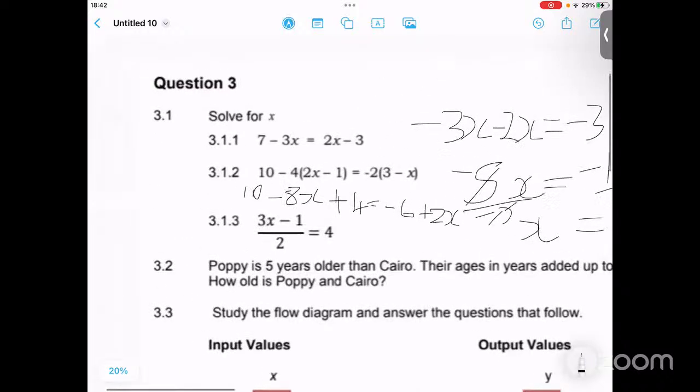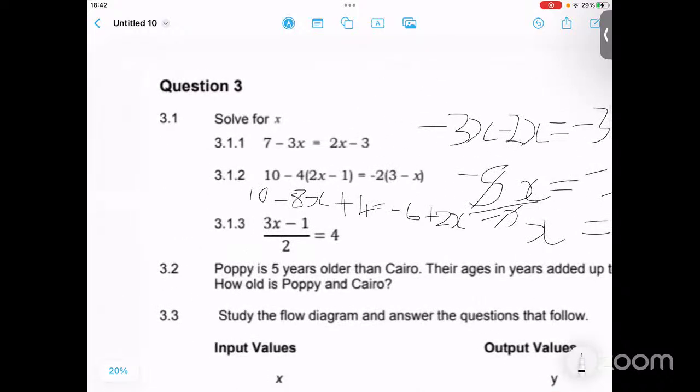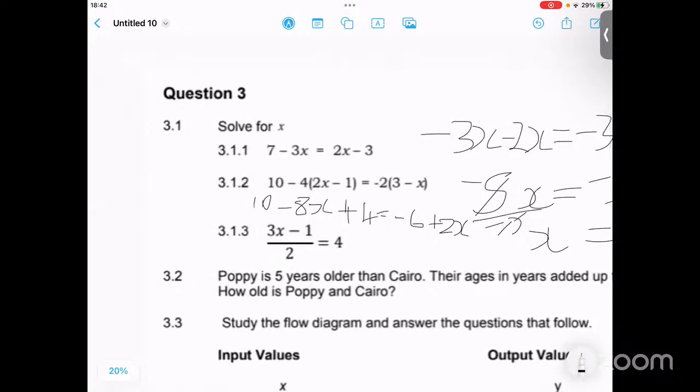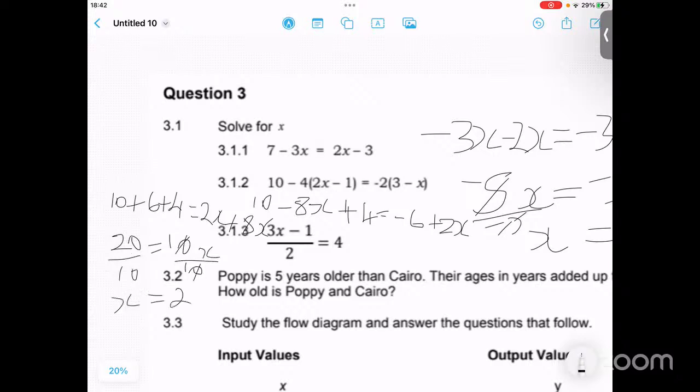So I'm going to say 10 plus 6 plus 4 equals 2x plus 8x. And then I get my answer as 20 is equal to 10x. I divide that by 10 and my x is equal to 2.